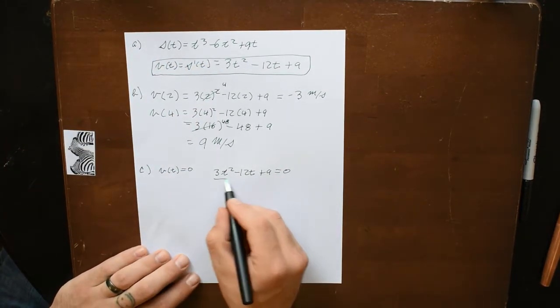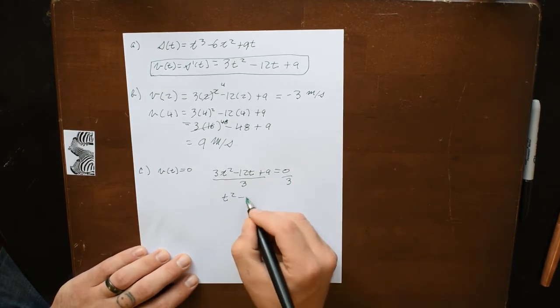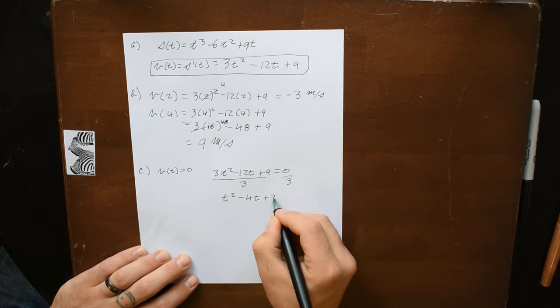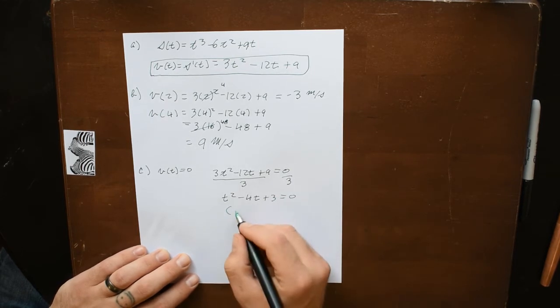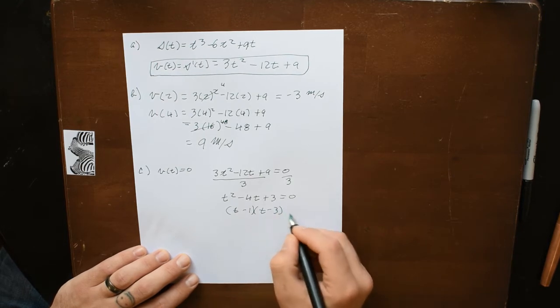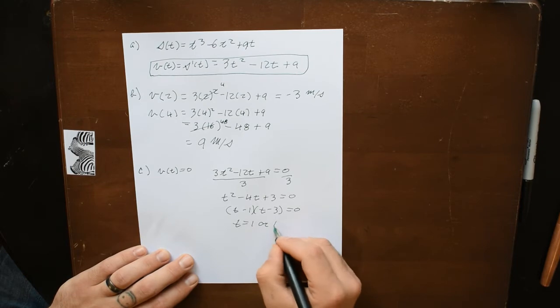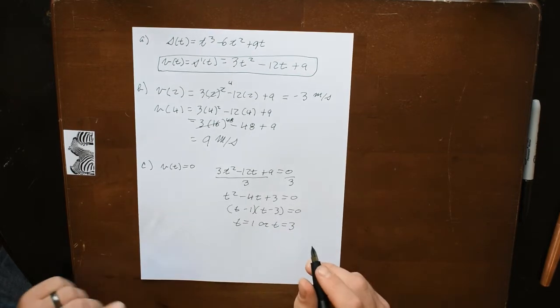You can divide a 3 from both sides and get t squared minus 4t plus 3 is equal to 0. That would factor to t minus 1 times t minus 3 is equal to 0, or t equals 1, or t is equal to 3.